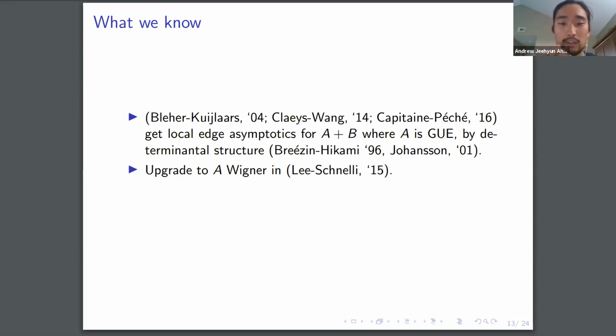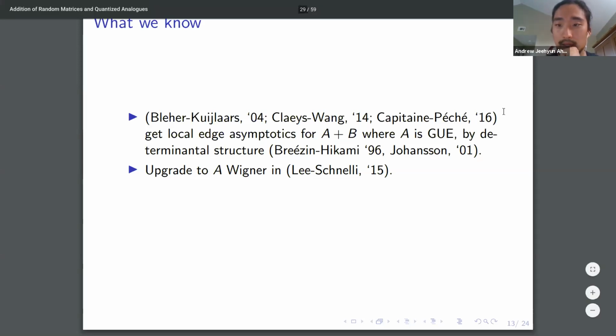Namely, it's a determinantal point process with an explicit correlation kernel. This is due to Brezin and Hikami, and Johansson from 2001. So this reference is just telling you the authors that found this determinantal structure, and these references are those who were able to obtain local edge asymptotics.